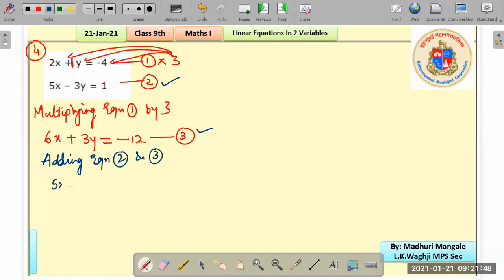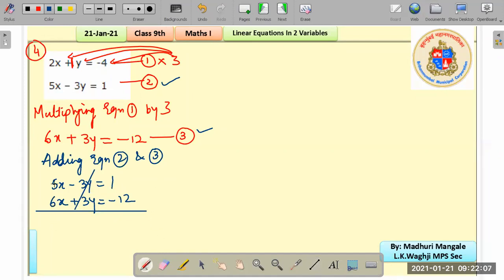The second equation is 5x minus 3y equals 1, and the third equation is 6x plus 3y equals minus 12. We are going to add these two equations, and just check, the plus 3y and minus 3y will get crossed out.